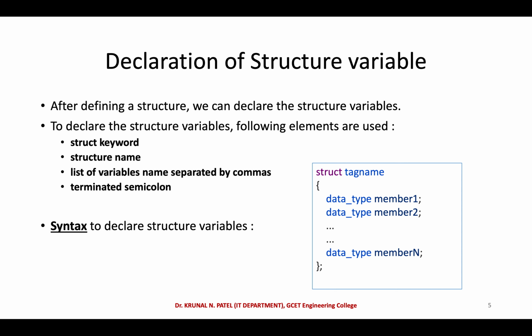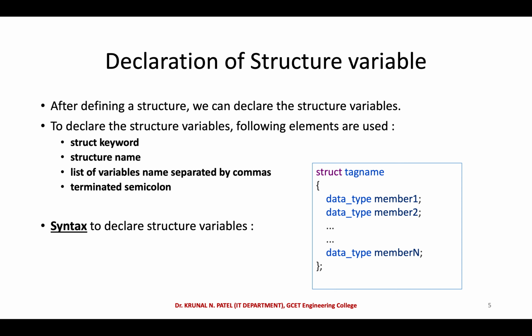Now how you can define it, we have already seen. These are the necessary elements whenever you are defining a particular structure: the struct keyword, structure name, and a list of variable names separated by commas, whatever we have seen earlier. That is depicted over here in this slide.